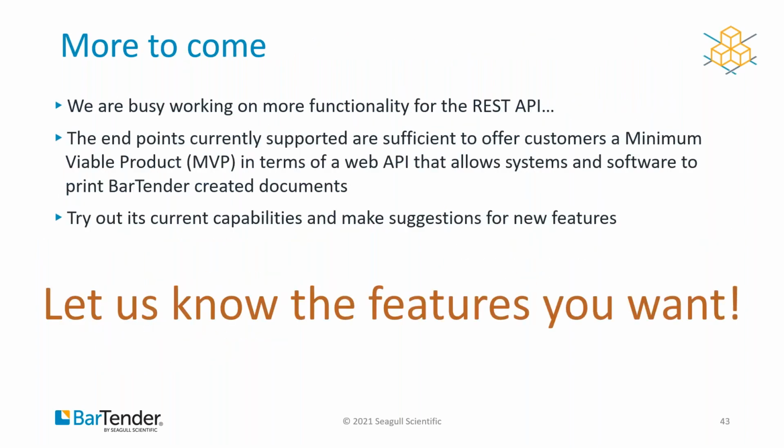So yes, this is very much version 1 of the REST API. It provides, so to speak, a minimum viable product for applications that wish to make use of printing over the internet in an automated fashion.